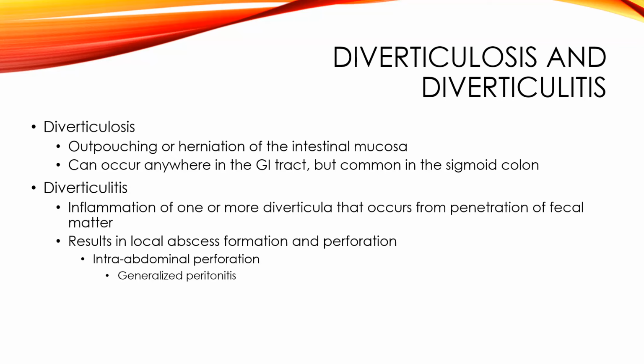If something gets stuck in them, the body will try to get rid of it, and if it can't, it'll wall it off and cause an abscess. If it goes on for too long, it will turn into an ulcer, and then it'll perforate. Again, your intestines are an encapsulated organ, so when ulcers happen and things start to perforate, now you've got intestinal content spilling into the abdominal cavity, and this will cause generalized peritonitis.